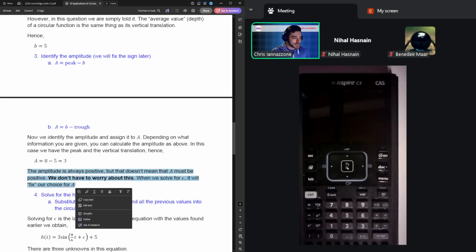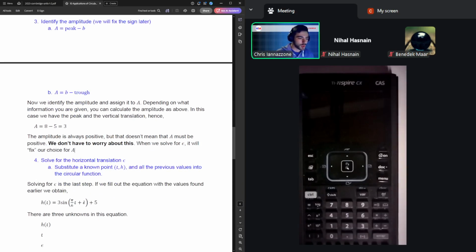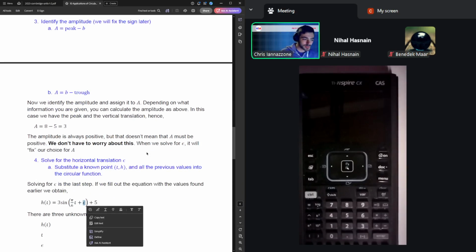One slight problem here is that depending on how you calculate this, you might get a positive or a negative number. And in a lot of wordings of these questions, both options are valid. Specifically, if you have a horizontal translation available to you, the question will be worded in such a way that you could actually have both positive or negative for your amplitude.